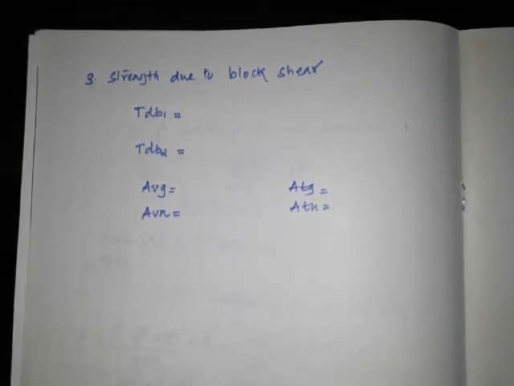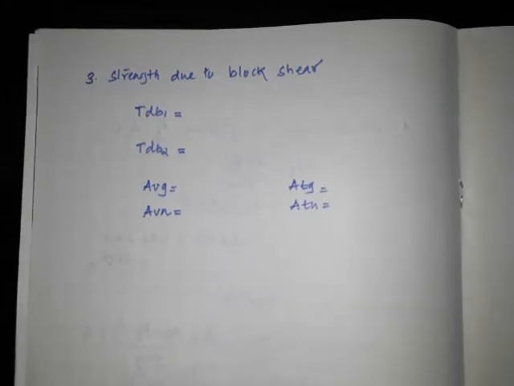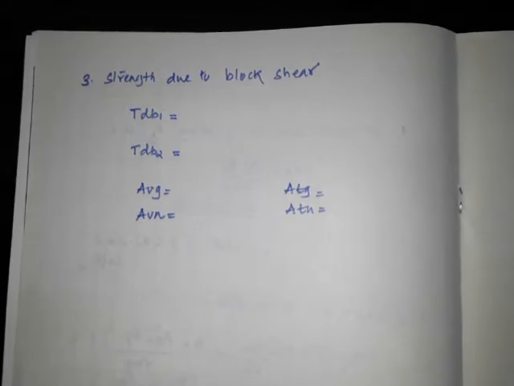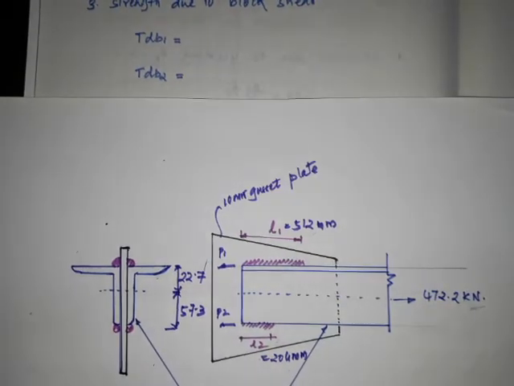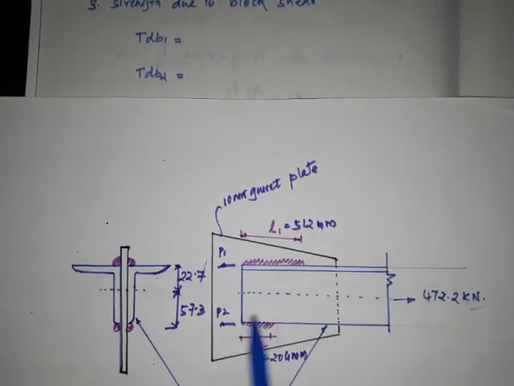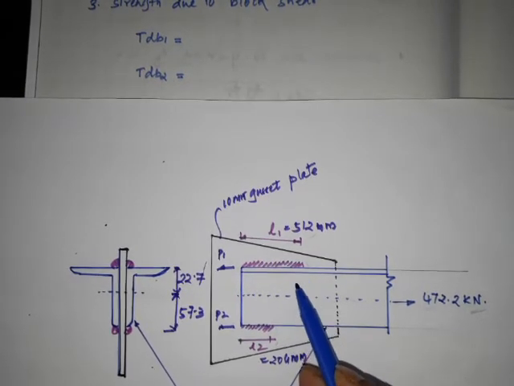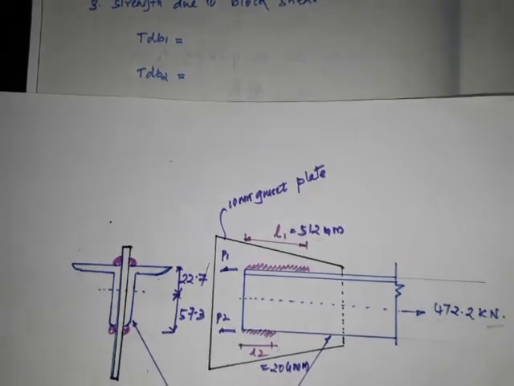For the calculation, again we have to refer to the sketch. If the member fails, the fracture has to take place like this. I'll show it here once again.